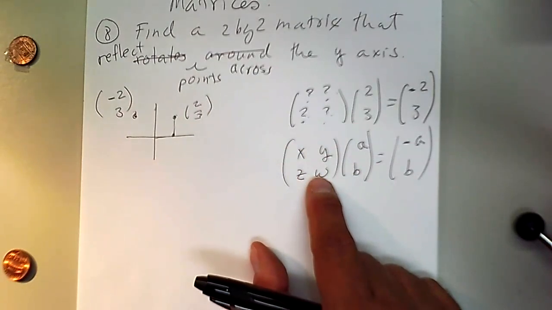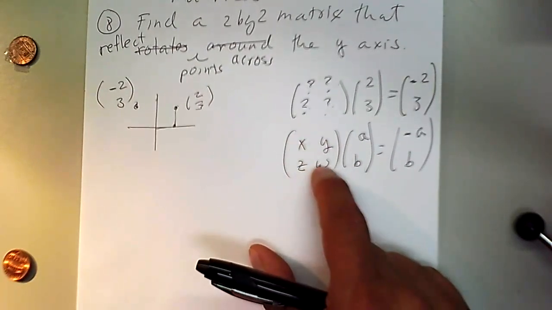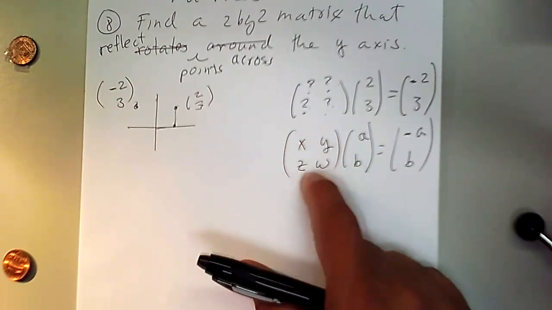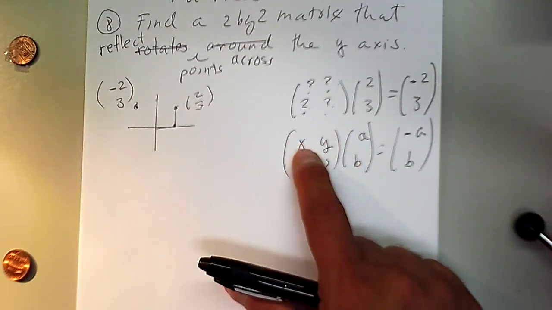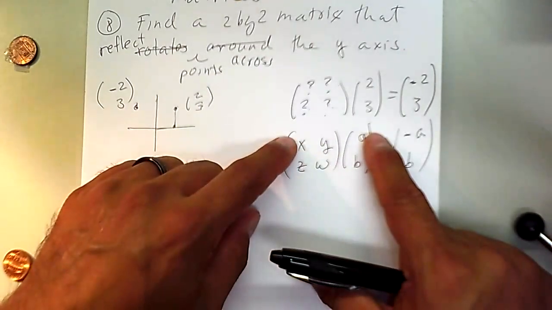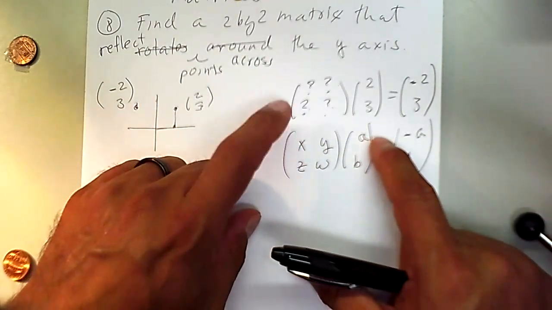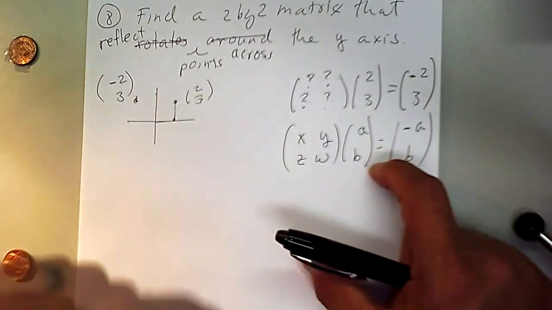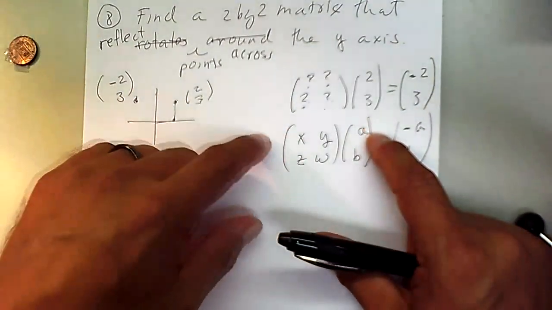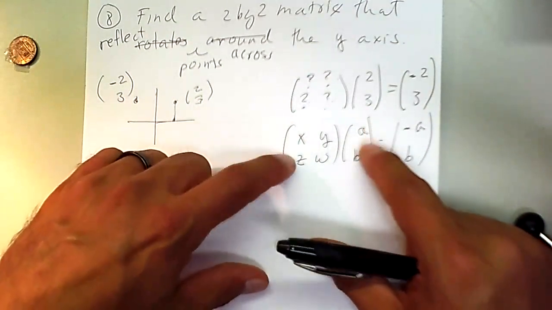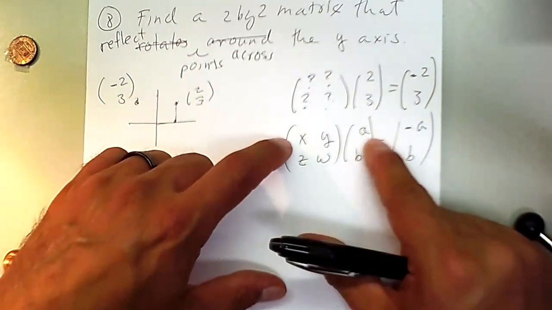It looks like we got 2 equations and 4 unknowns, too many unknowns. I wonder if we can just fix the x. So if x is 1, I'm just going to try things and see if they work, sort of like a Sudoku kind of problem. Try numbers that would work.